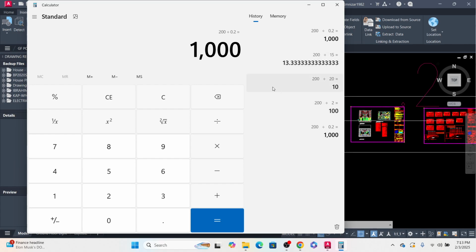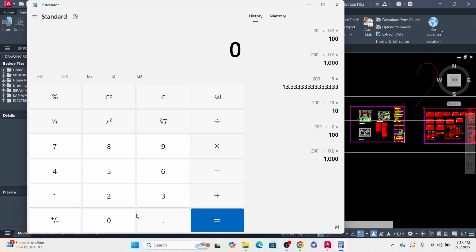But there they put 1 to 100. That means this drawing is drawn in centimeter. Instead of 200, if we say 20, you will divide it by 0.2, so you will get 100.